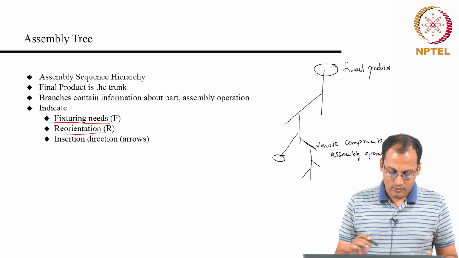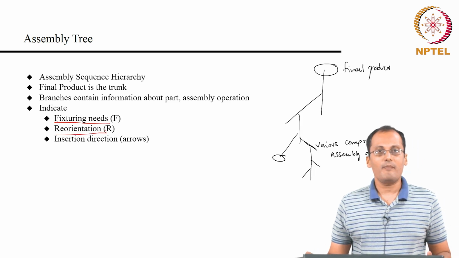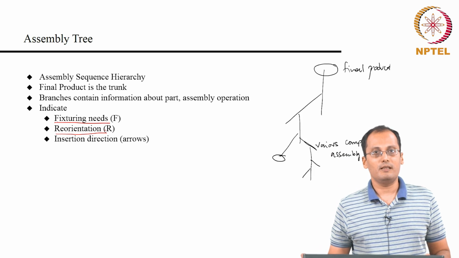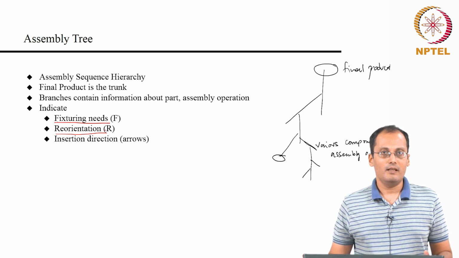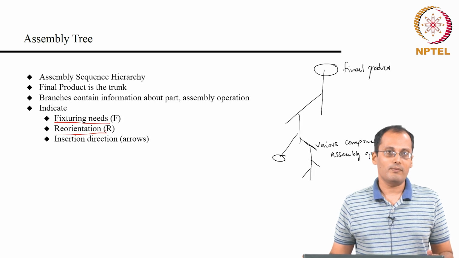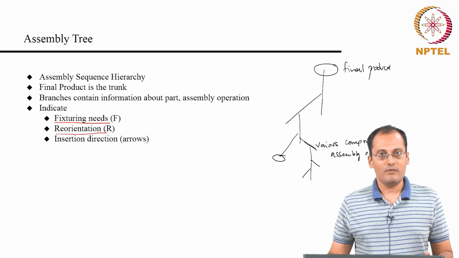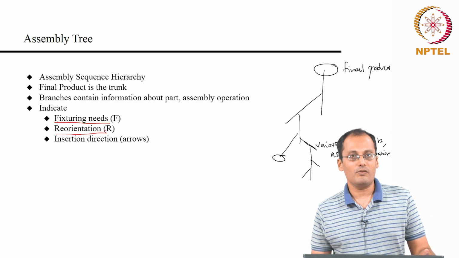And when we do assemblies, sub assemblies might have to be reoriented so that they go into the final assembly. Reorientation is an additional step, which if avoided can reduce the assembly time.